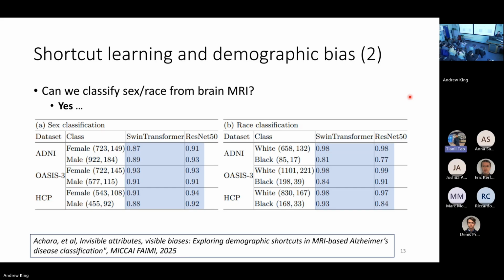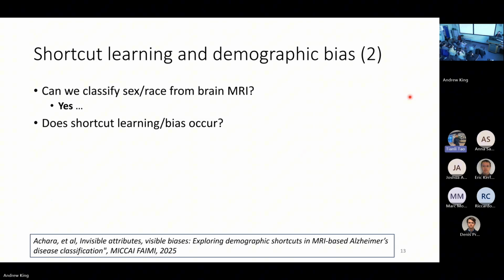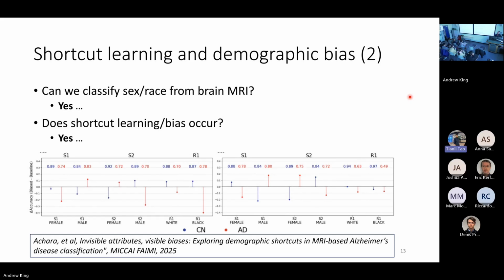So that's the precondition of having potential demographic-based shortcut learning. So then the next question is, does it occur? If we train an Alzheimer's disease classification model using sex and race imbalanced data, do you observe shortcuts, basically? Does it affect the performance of the minority group? And the answer to that was also yes.